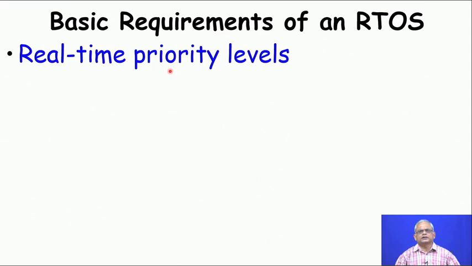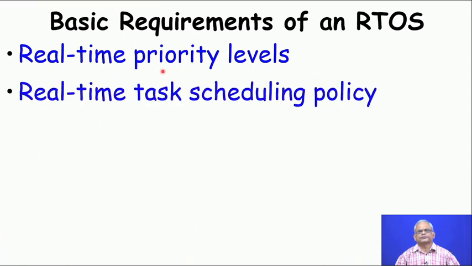As you will see in our next lecture, the traditional operating systems keep on changing task priorities. Every time the task is run, its priority is recalculated and new priority values are assigned. So, those are not really static priority levels. A real time operating system must have support for static priority levels. Once the designer assigns a priority to a task, it should remain fixed at that priority level.